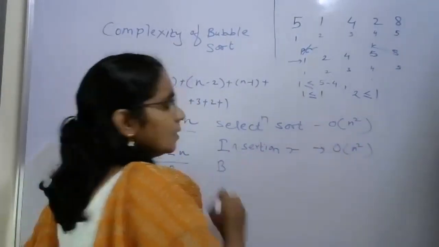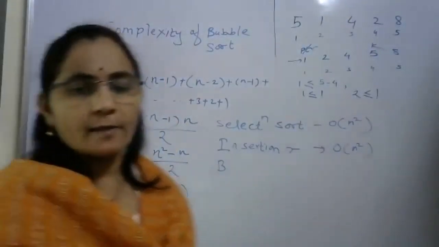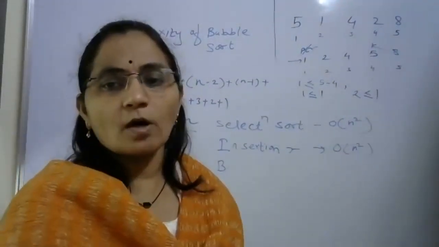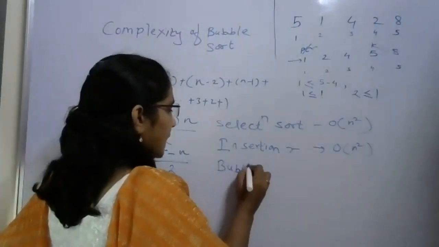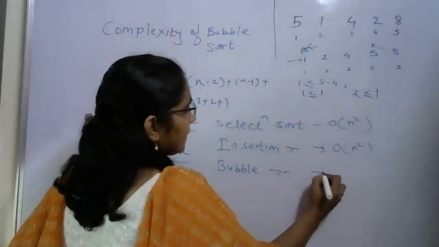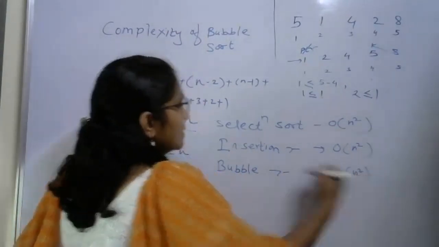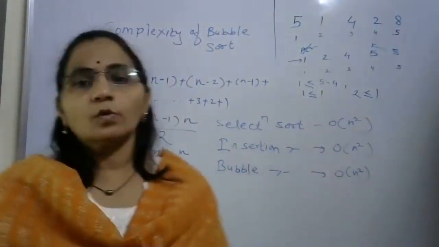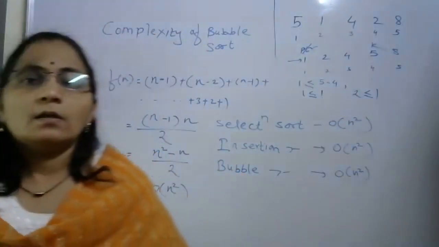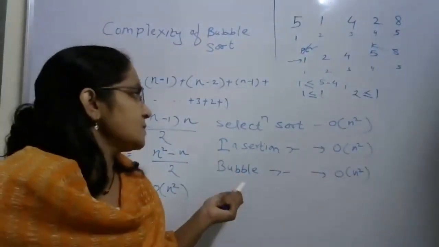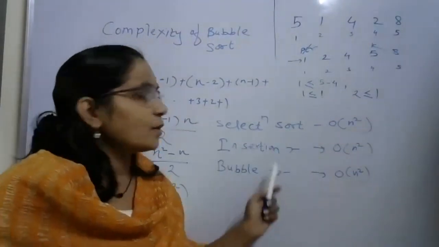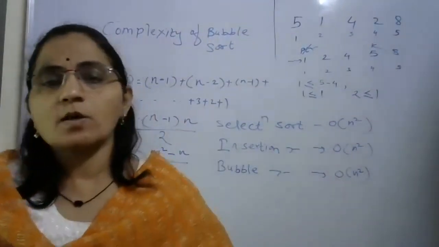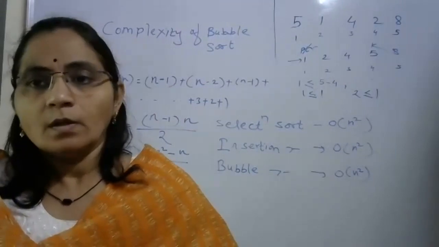Today we learned the third sorting technique, bubble sort, and its complexity is again the same, order of n square. So comparatively, study all these 3 algorithms: selection sort, insertion sort, bubble sort. All have complexity order of n square.